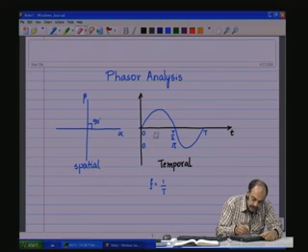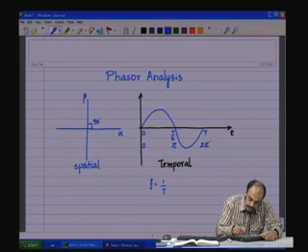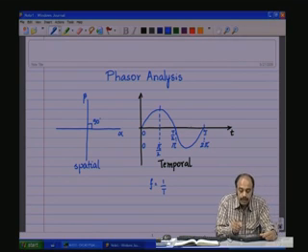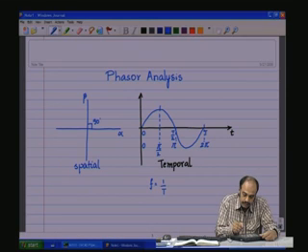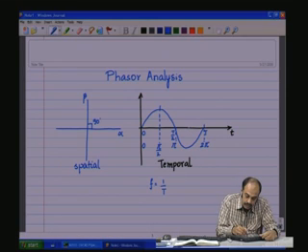So, 0 radians, pi radians, 2 pi radians, that is this point here. Of course, the point where the peak occurs will be pi by 2 radians, and this would be 3 pi by 2.